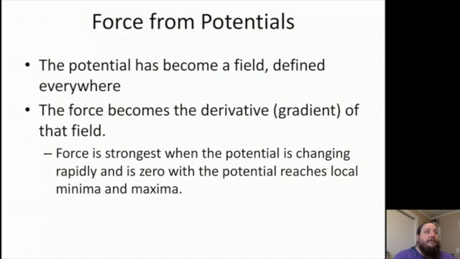And this also means that if you come to a place where the potential energy isn't changing as a function of position, then you've reached a place where there is zero force, places where your object will be in equilibrium, places where at least locally you're at a local minimum or maximum of the potential.